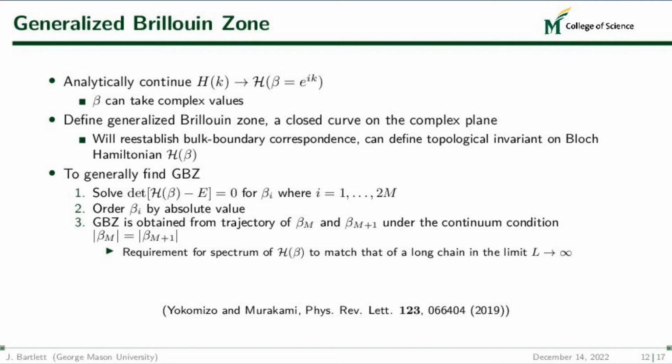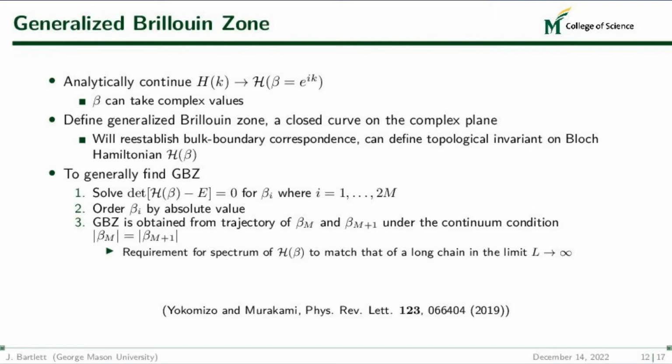But the general idea is to take our bulk Hamiltonian H(k), or in other words, our periodic boundary Hamiltonian H(k), and extend it so that our k values can now take on complex values. So it's going to be replaced by the variable beta, which can now take on complex values. And the idea is this imaginary component of beta is now accounting for the localization of these bulk eigenstates.